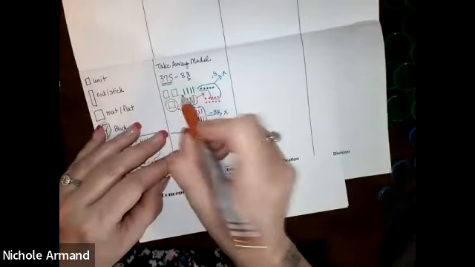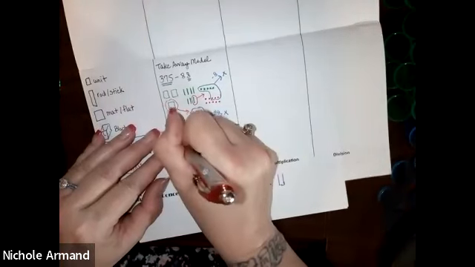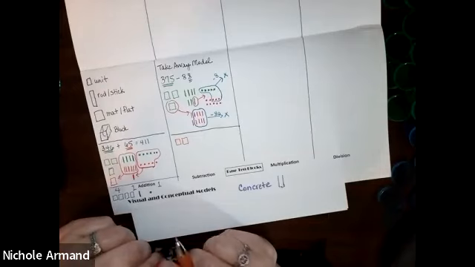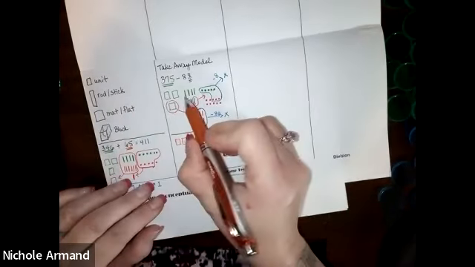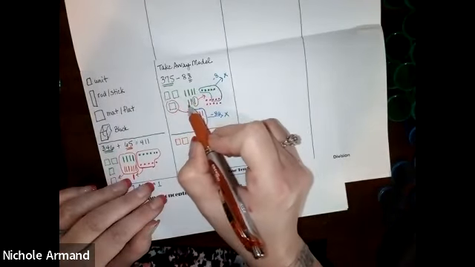Okay. So I have 1, 2 of those. I have to be careful of the ones that I have exchanged or taken away. So I have 1, 2, 3, 4, 5, 6, 7, 8 of these left.